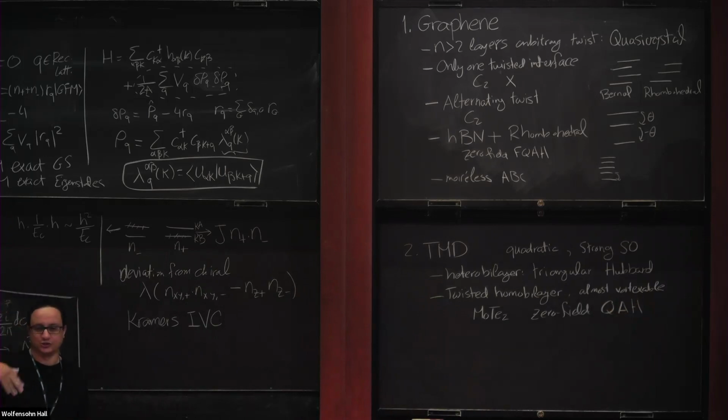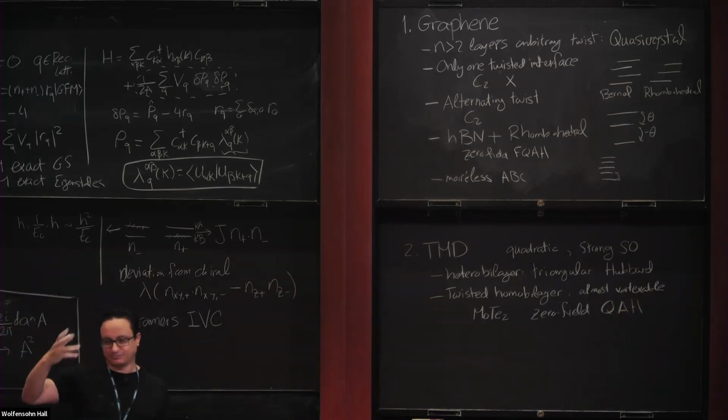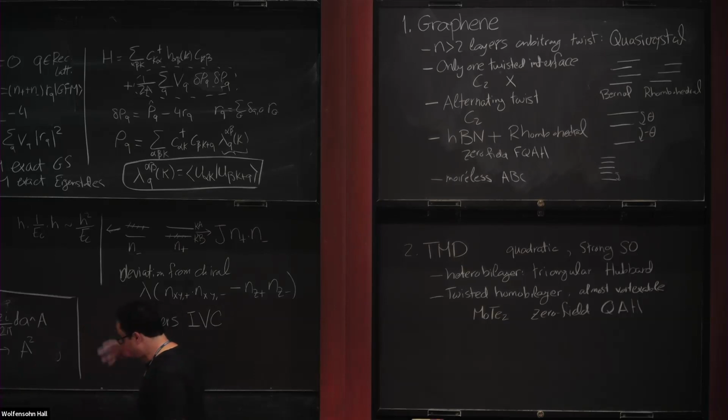But when you do this, you generate effects that give the band dispersion. Also, in twisted bilayer graphene, we're not sufficiently close to the chiral or the vortexable limit. But it turns out that these systems realize that aspect of the theory better, and they do really realize these zero field quantum anomalous Hall states.